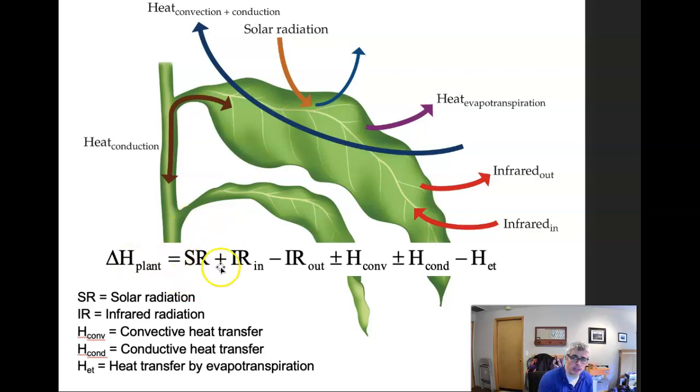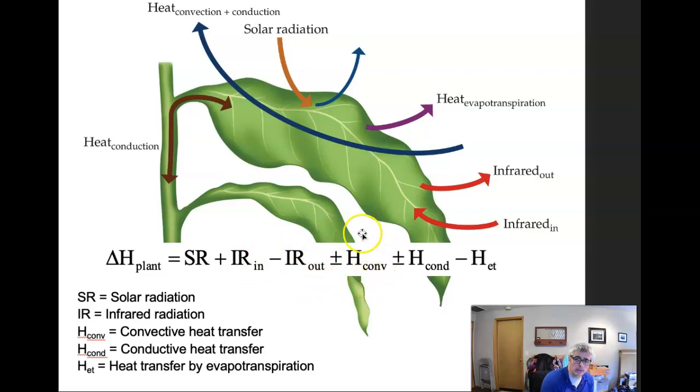So the first is solar radiation. Obviously, the degree of intensity, time of day of the sun is important, plus the amount of infrared radiation coming in. So these are, I guess solar radiation could be a zero, and same with infrared radiation, but they're never negatives. And then infrared going out is always going to be a negative. That's a loss.